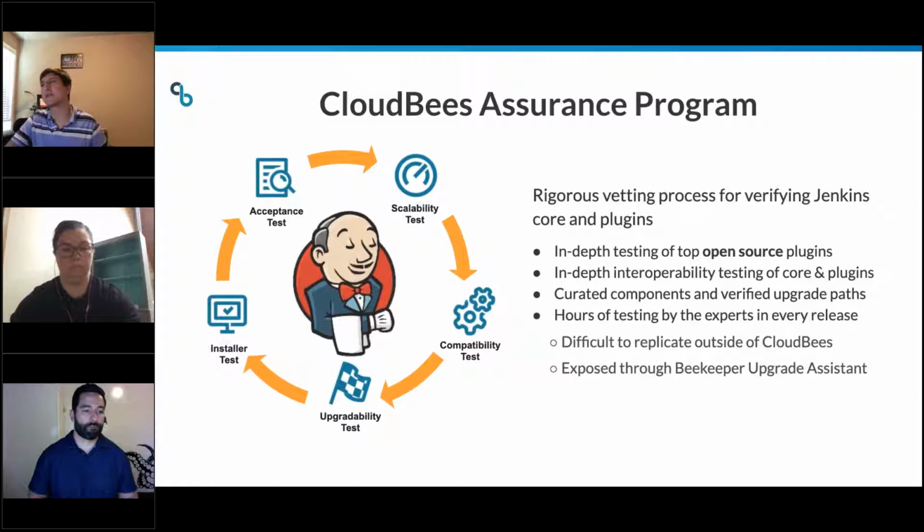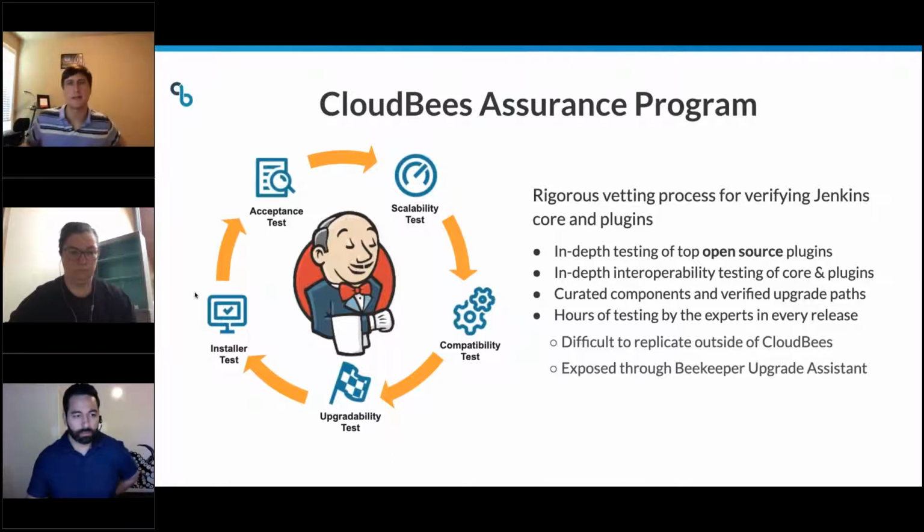So we've got CloudBees Assurance Program. This is the testing process. It's thoroughly tested behind the scenes. Our engineers, the experts, the people committing the code to Jenkins that know it best, do in-depth testing of top open source plugins. They test for interoperability, compatibility against core and other plugins.